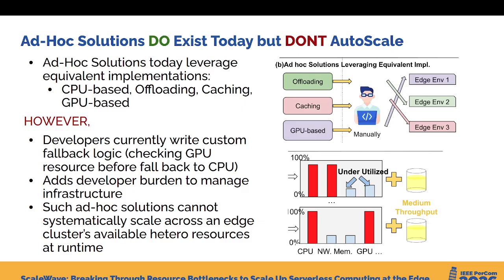However, there is no systematic platform support to orchestrate these implementations, and developers must build ad hoc solutions such as custom resource monitoring, fallback logic between implementations, and manual switching policies. These approaches introduce significant developer burden, while existing serverless platforms do not support autoscaling across multiple implementations of the same function today. This represents a missed opportunity to utilize available resources efficiently at the edge.